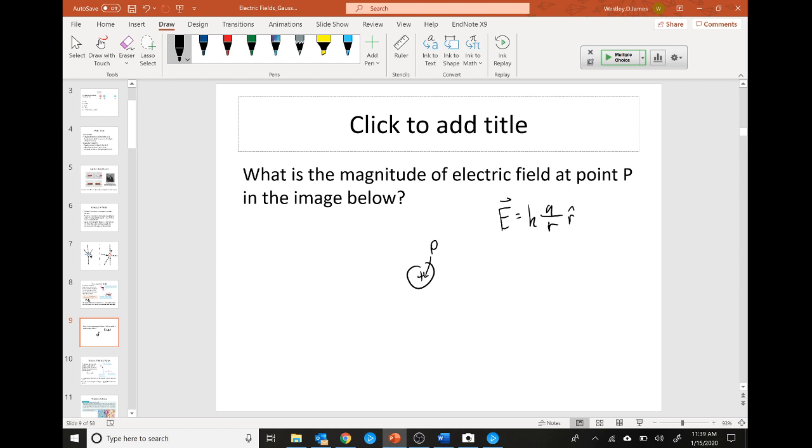Again, I'll show this equation later in a bit more formal sense. But that's what it is. kQ over r. Q is the charge. r is the distance from the charge to the point that we're considering. k is Coulomb's constant, the same exact one we saw before.